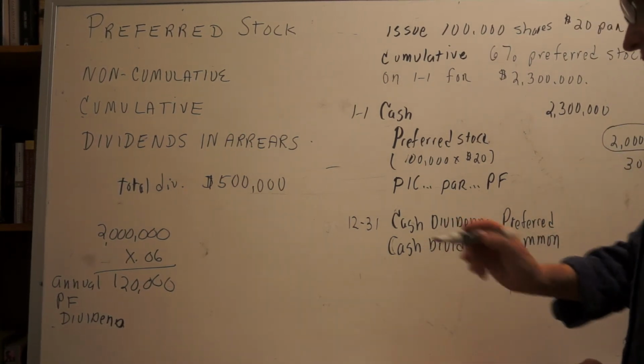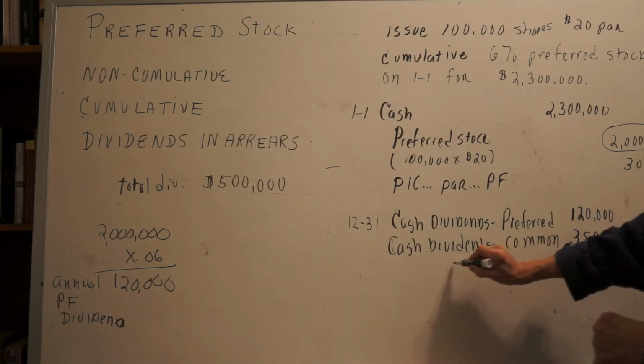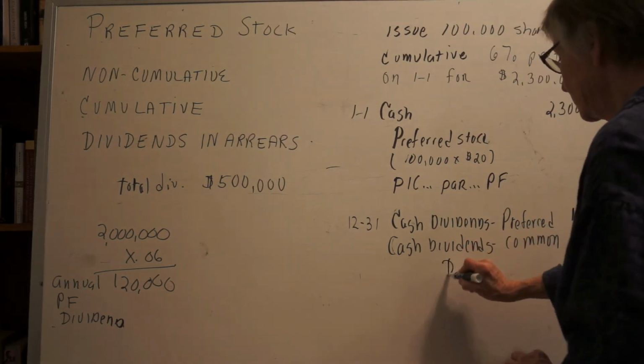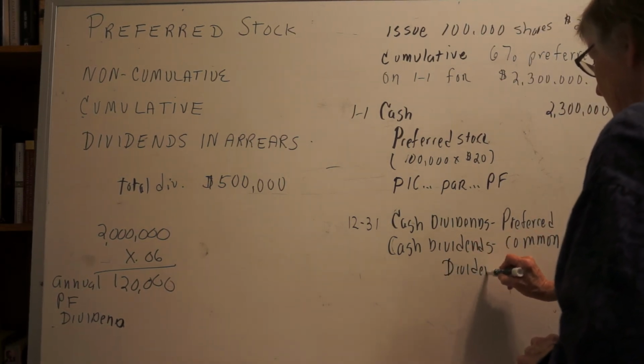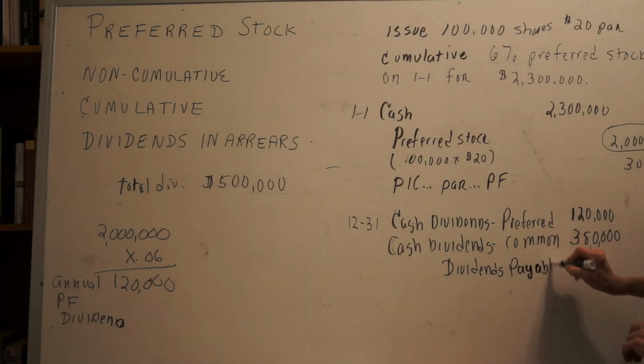Okay, so the preferred amount, if it's non-cumulative, would just be for 1 year, and then the rest of 380,000 would go to the common stockholders. Oops, I need one more zero there. Okay, and then actually at this point where it was just declared, we would have our dividends payable of the 500,000.